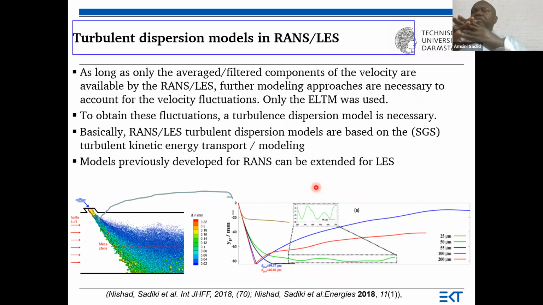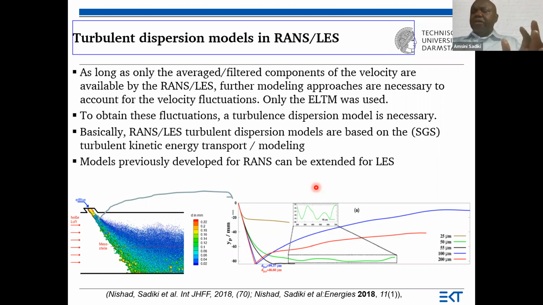Practically, what people do, if they do not consider the turbulence dispersion, is they have to resolve a large part of the turbulence. This means they say we resolve more than 80% of the turbulent kinetic energy. So we can say that we include in this filtered part the main fluctuations, so that we can perhaps neglect this subgrid scale contribution.